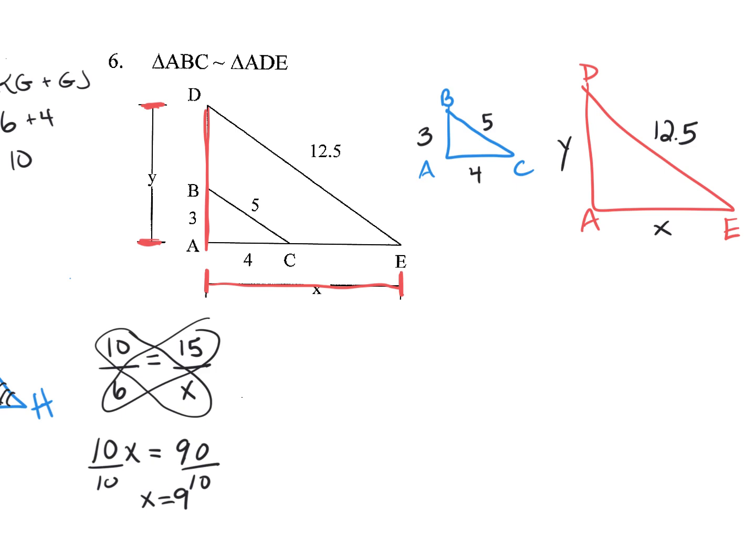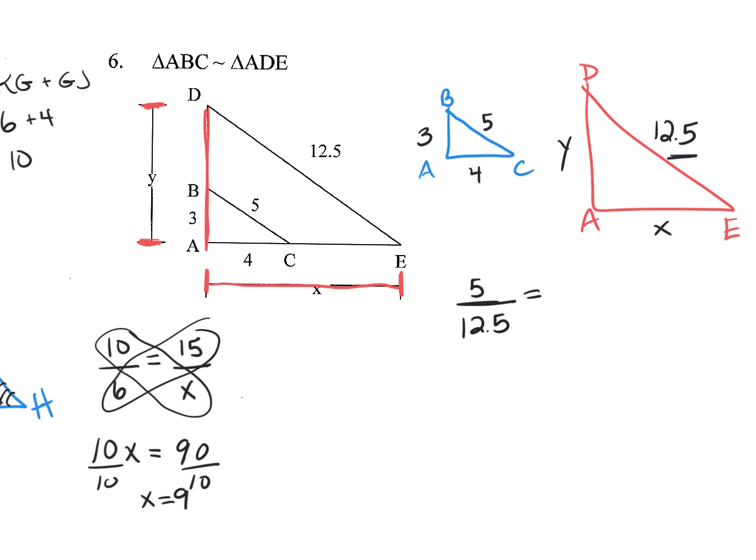The only scale factor that we have to compare the two triangles is 5 to 12.5, my apologies. We're going to use that scale factor, 5 to 12.5, to solve for both X and Y, because that's the only known value of my larger triangle.